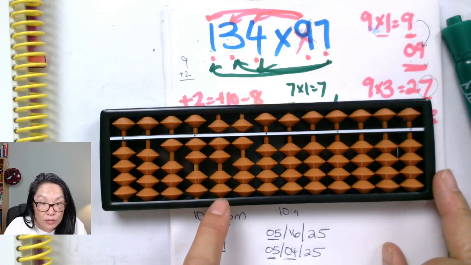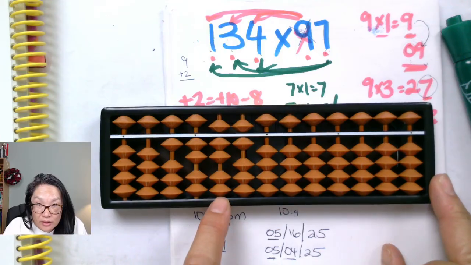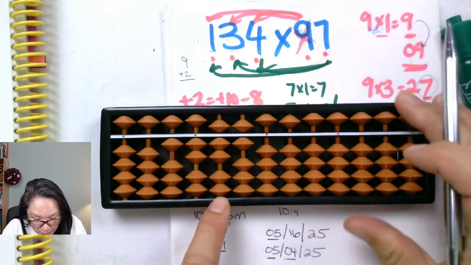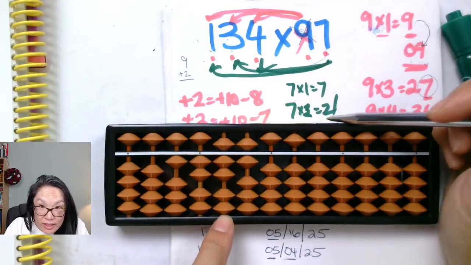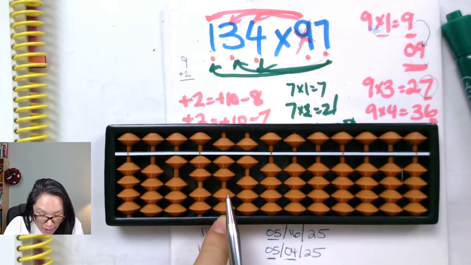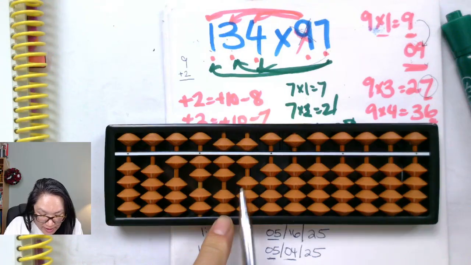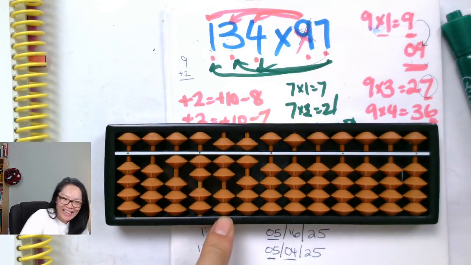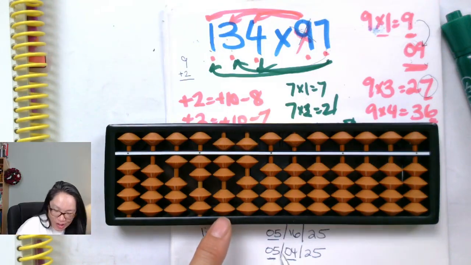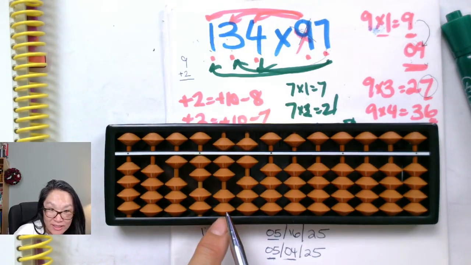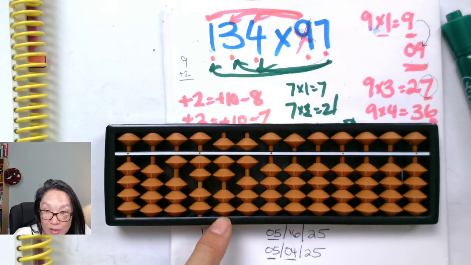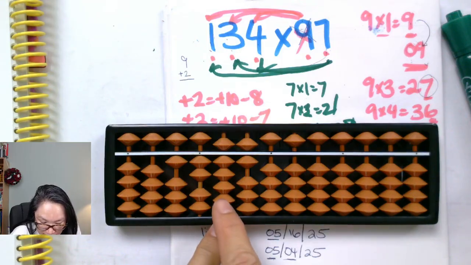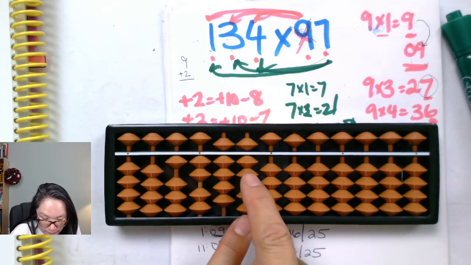Yes. So then, 7 times 3. 7 times 3 is 21. Do I have enough to add 21? Yes, we can. 20, 2, and a 1.